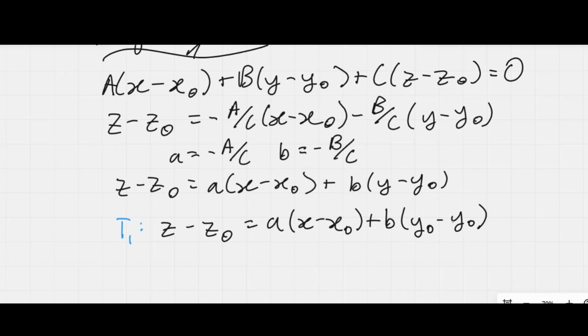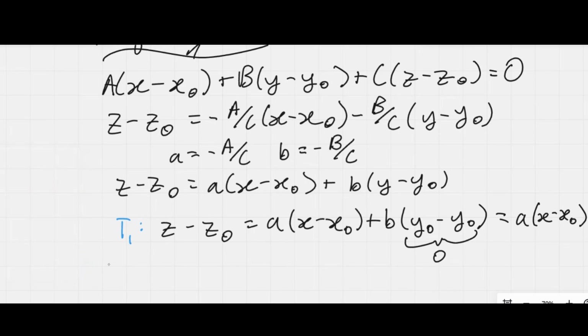And the reason we substitute y naught into the value for y in the equation of a tangent plane to find t1 is because we already know that the y-coordinate of t1 is going to be y naught for all of its values. Hence, we can say that y naught minus y naught is essentially 0, and therefore the simplified equation can be said to be a(x minus x naught).